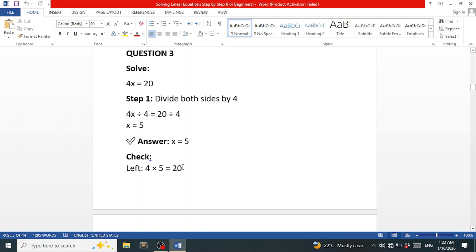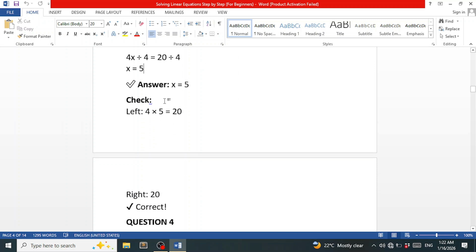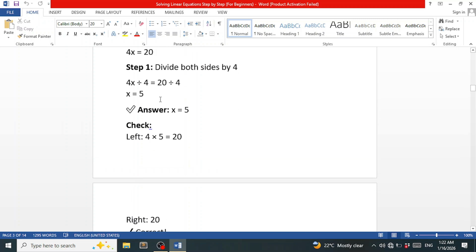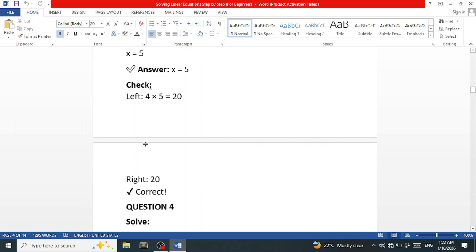That is the left side. Let's go to the right side. On the right side, we've got 20. And here we've got also 20. If the left side is equal to the right, then our answer is correct.